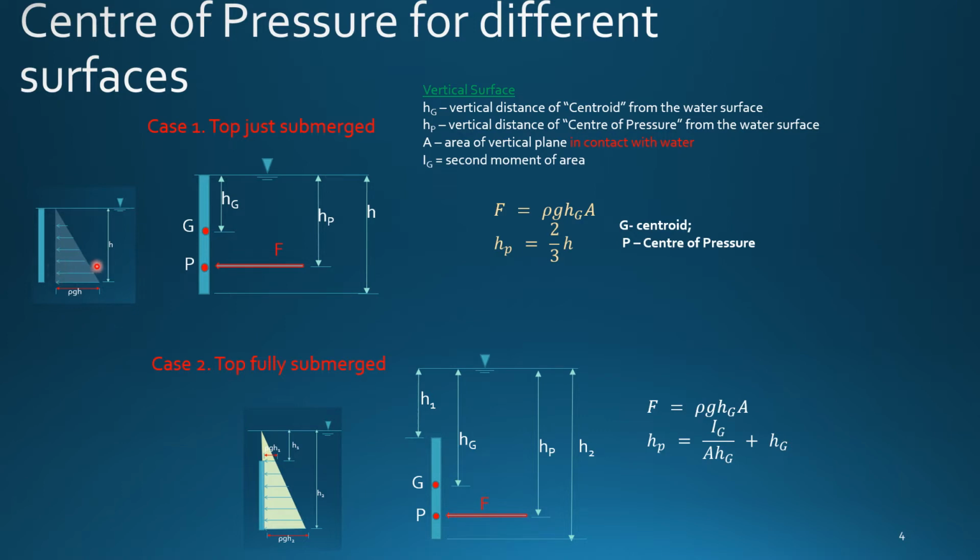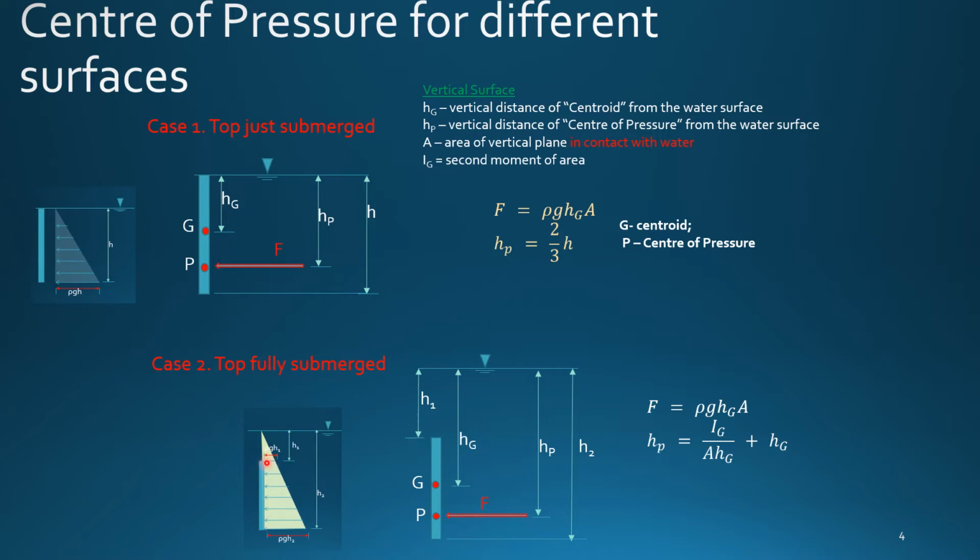So that's where the resultant force acts, 1/3 of height from the base, right? So from here to here, 1/3 of h, or from water surface to here is 2/3 of h.